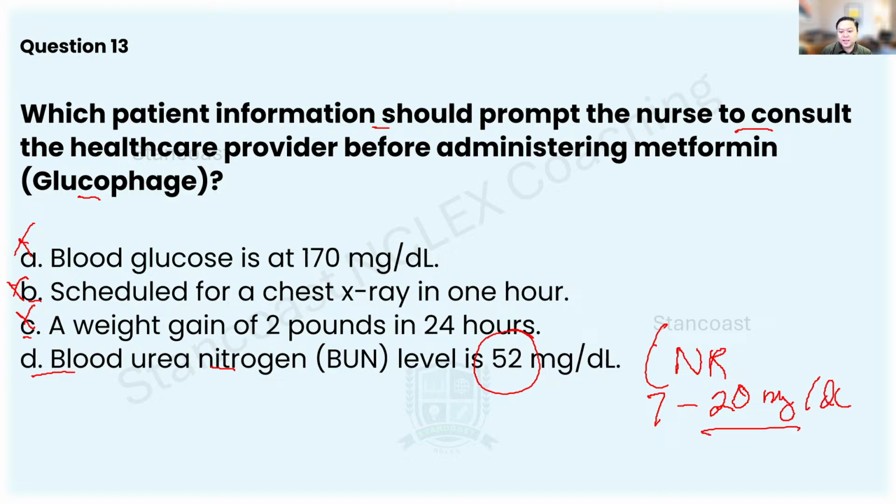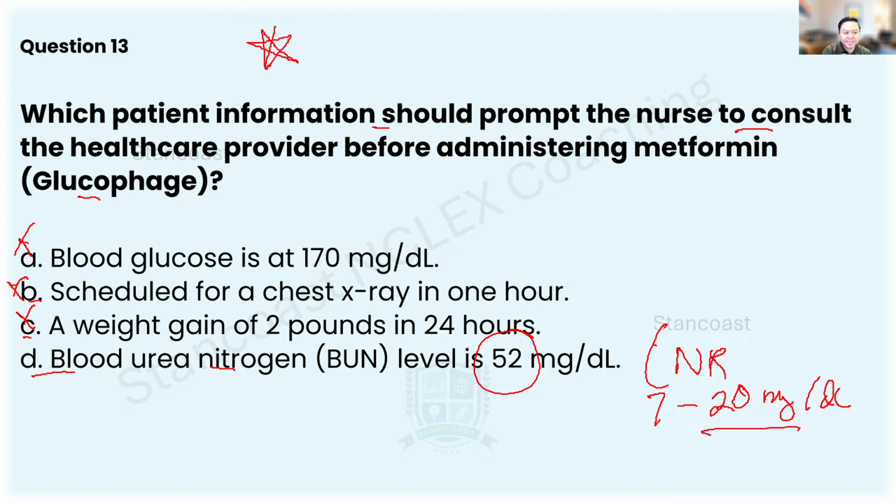It's highly elevated right now. It's 52. That simply means that the patient may have possible renal impairment this time. And metformin is also contraindicated in a patient with renal dysfunction.